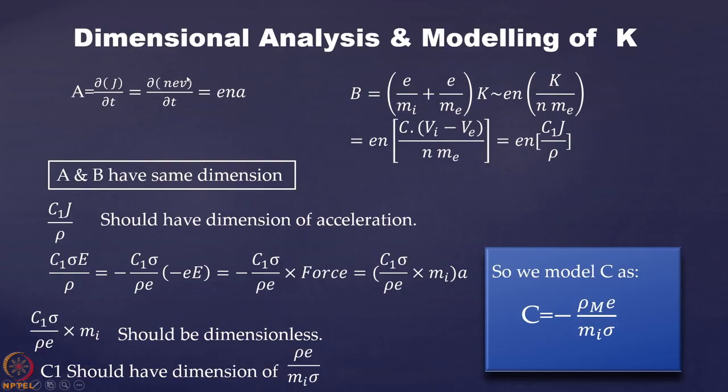I am just using this common expression N e V to make you understand what dimension it represents. Now you take this N e out, then what you are getting is del V by del T. What is that? That is acceleration. So this term has a dimension of e multiplied by N and then acceleration. So we remember this term.